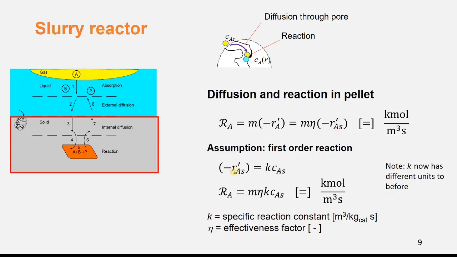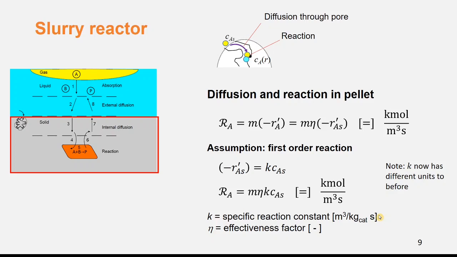For a first order reaction, we can therefore write negative RAS prime equal to K times the surface concentration, CAS, where K is the specific reaction rate constant and has units of cubic meter per kilogram catalyst per second. Remember that the rate constant we used before had units of meter per second for a first order reaction. And so we had RA double prime, in mole per square meter per second, equal to kCA.